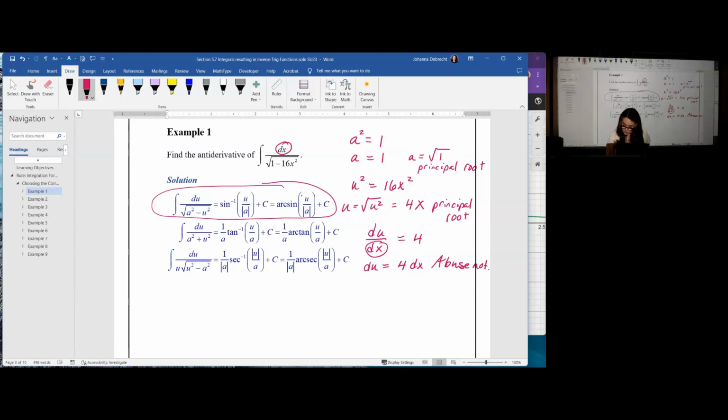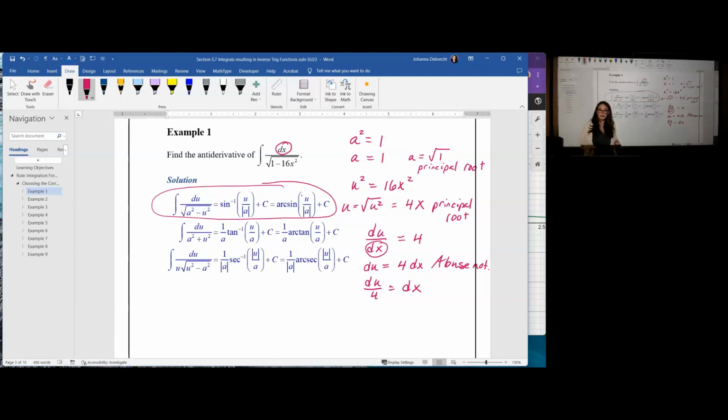And after I've abused the notation, I can divide by 4 to solve for dx. Now I have something that I can substitute in place of dx in the original integral so that it will look like the formula that I have circled.